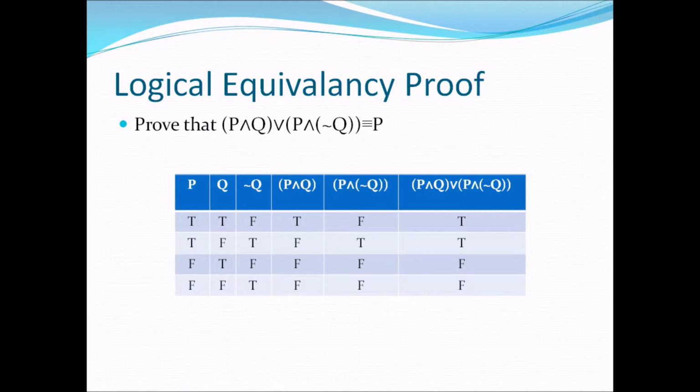And notice I build up from P and Q the components, the big statement of P and Q, or P and not Q. And if you notice, in the first column and last column, no matter what P and Q are, the statement is the same. So we say that this statement up here is a logical equivalence.